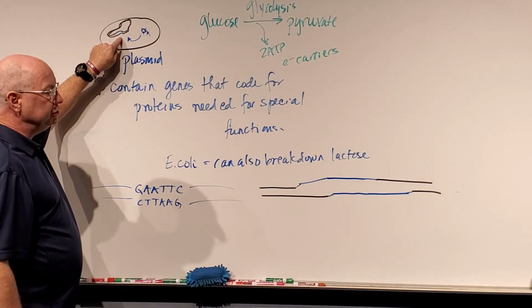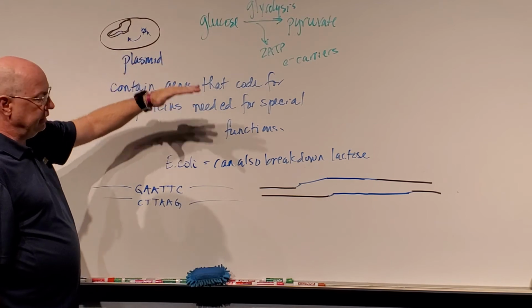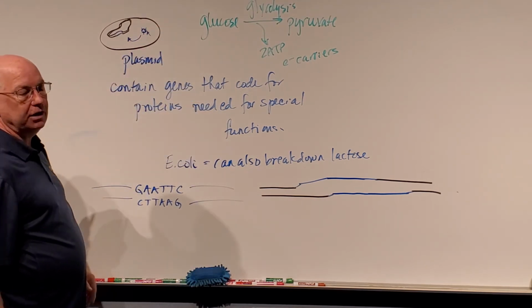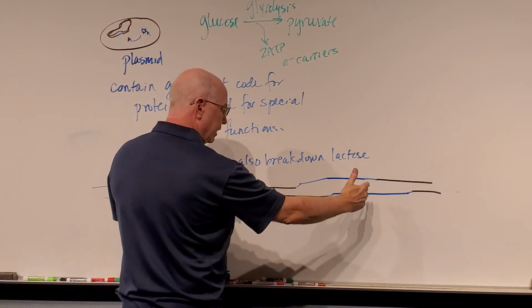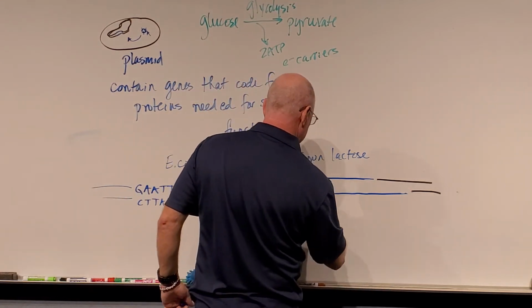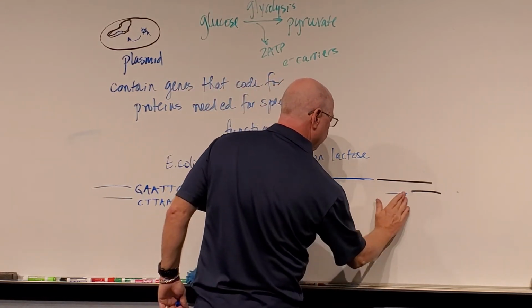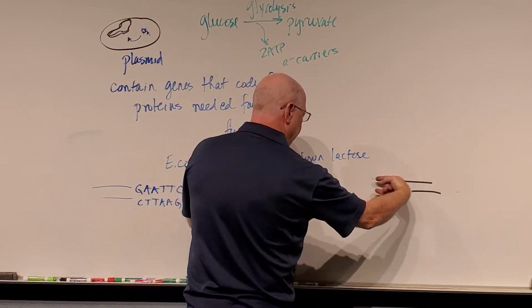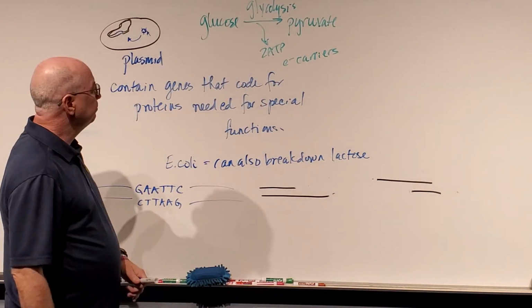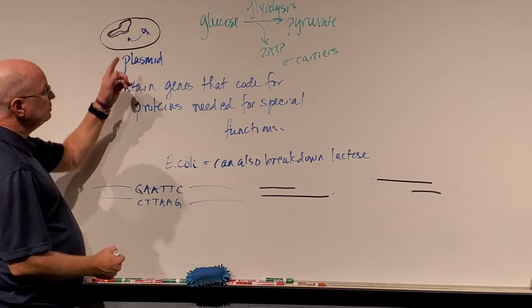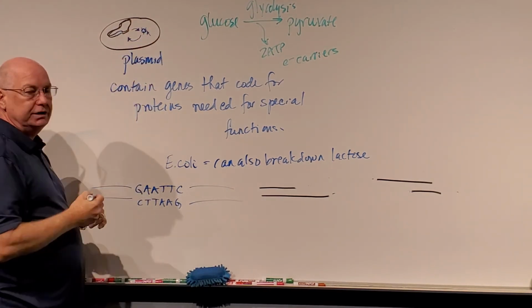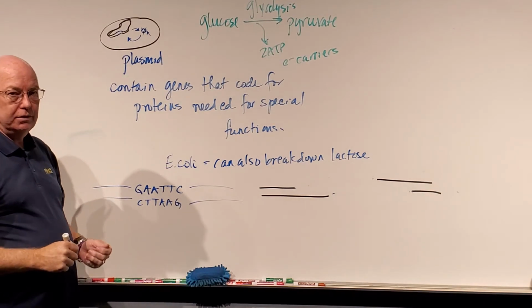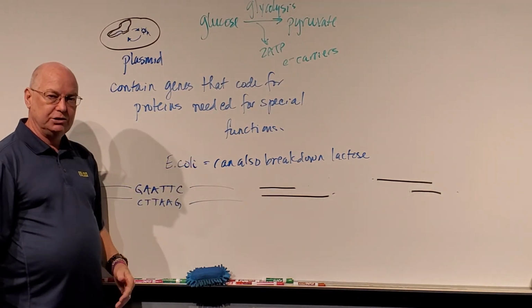And then when the conditions change, and if I run out of lactose and go back to having a whole bunch of glucose, then I can cut this back out at the exact same restriction sites, remove this DNA, and put the chromosome back together. So plasmid DNA can be inserted into the chromosomal DNA or taken back out when needed under special conditions.